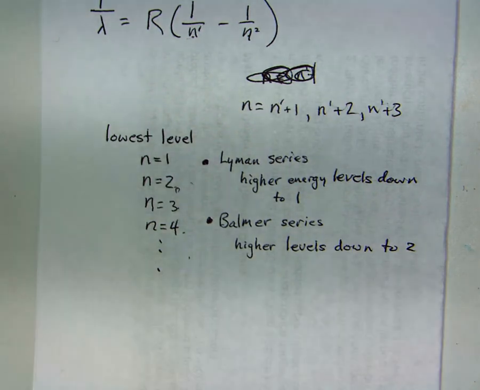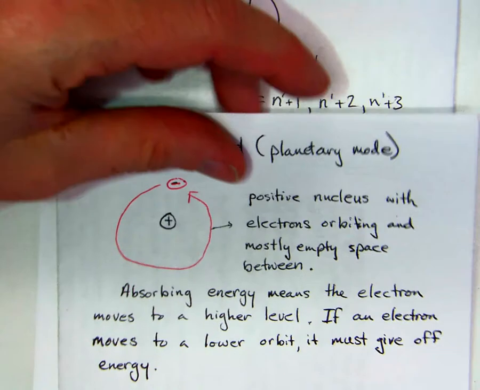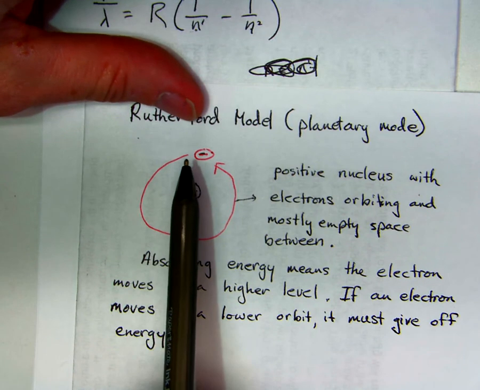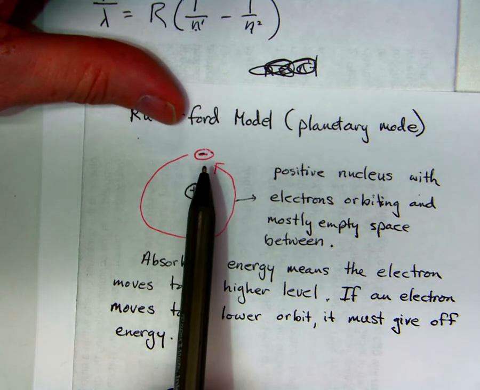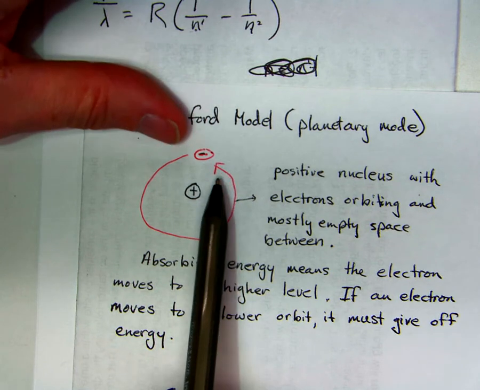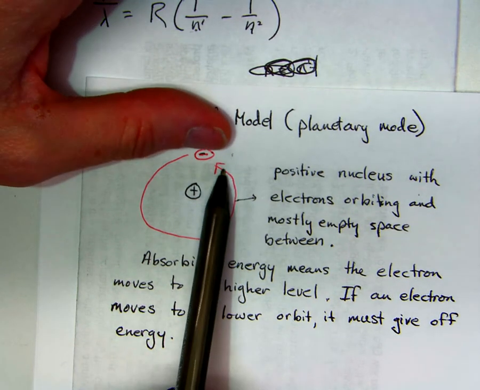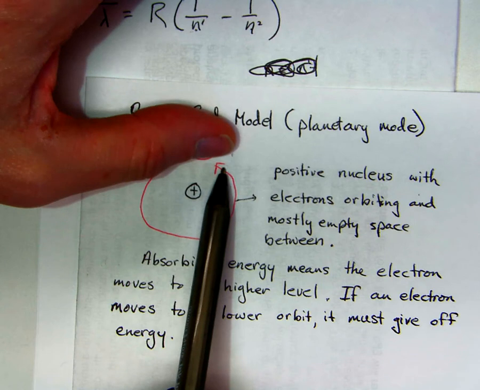And so we started seeing that light was only given off in certain wavelengths from an atom. It was not what the planetary model said, because with the planetary model, you can take this electron, raise it to a higher level, and have it fall kind of anywhere. If I raised it up right here and let it drop, it'd give off a certain wavelength.